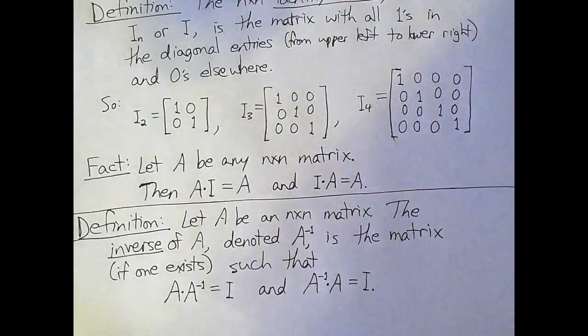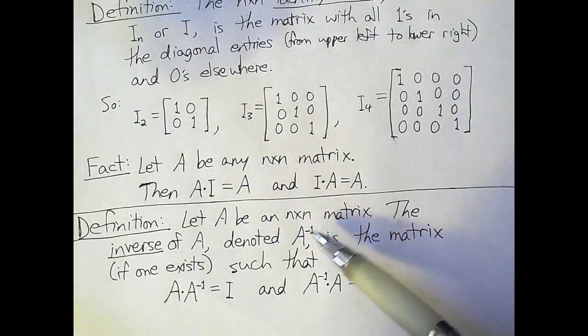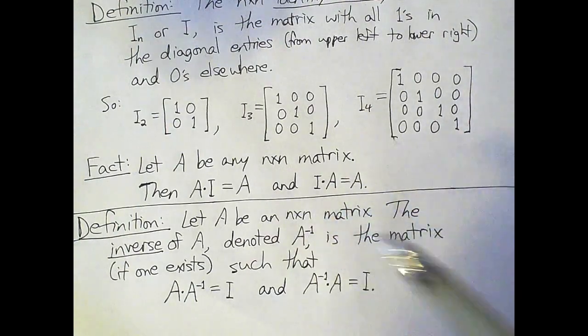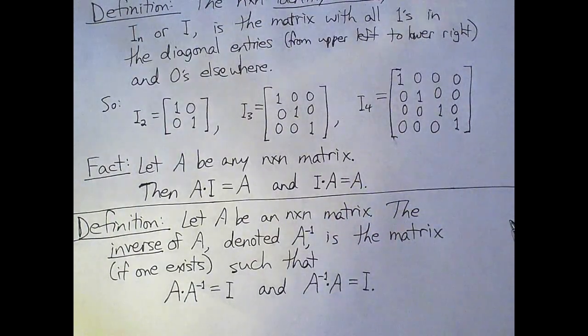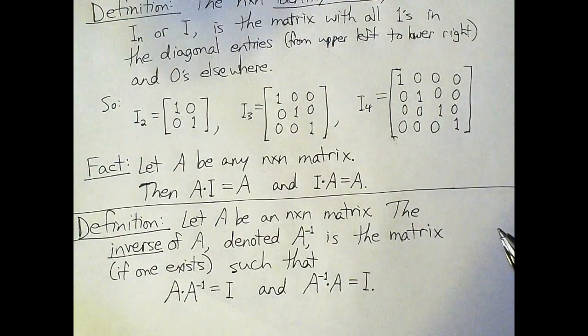It's just the notation that we use for inverse. We've seen this before with the inverse of a function, like the inverse of sine or cosine or just the inverse of a function f. We always use the -1 up there. It looks like an exponent, but we understand that it's not.